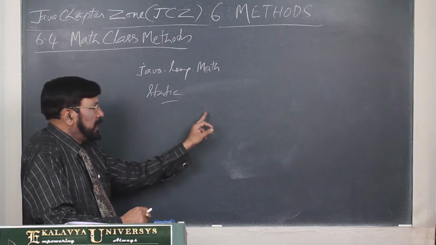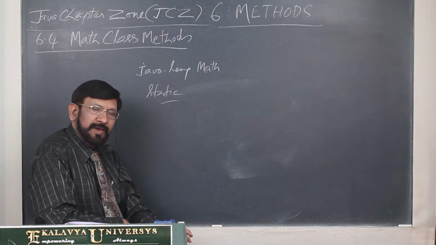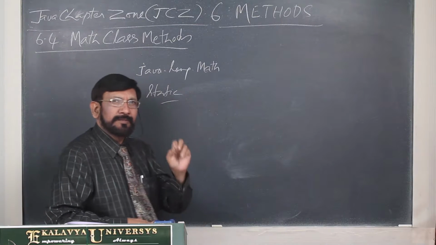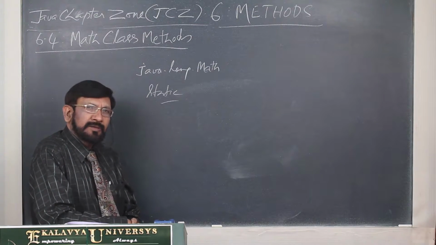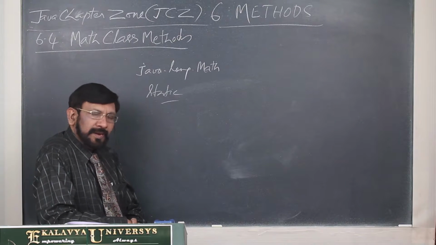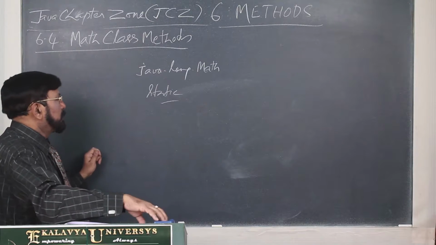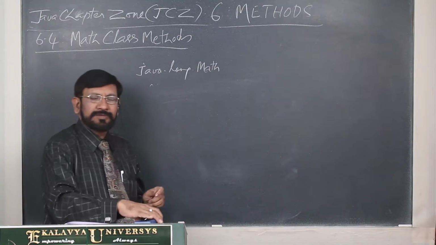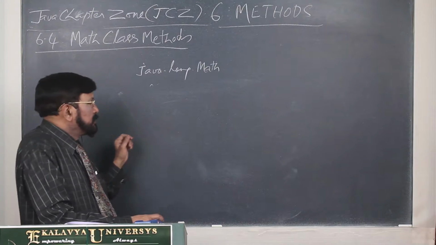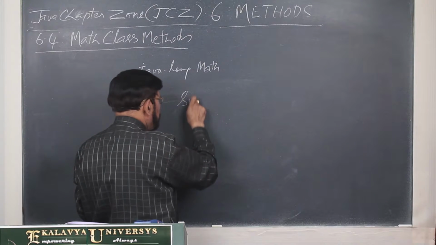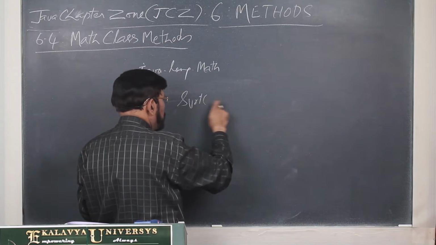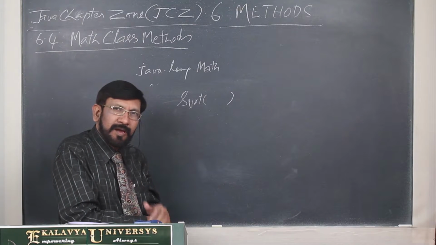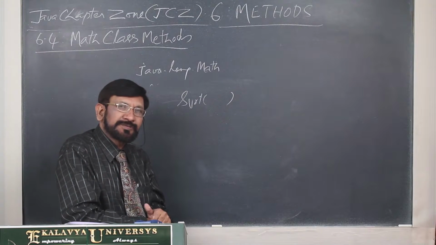Now all these are static methods. That's why the class name Math comes first: Math.pow, Math.sqrt, Math.sin, Math.cos, Math.tan. Like that we have to write. Thereafter come the arguments. Take the square root method: it may take a constant, a variable or an expression.